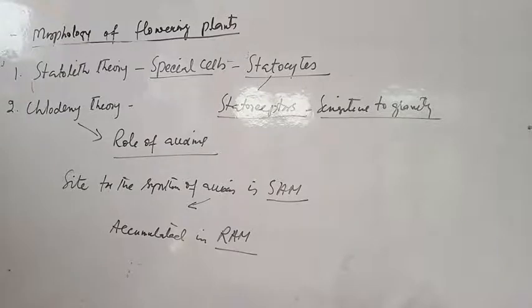And plants can be hydrophytes, there can be epiphytic roots, there can be parasitic roots, and there can be mycorrhizal roots, where we see that the root cap is absent.